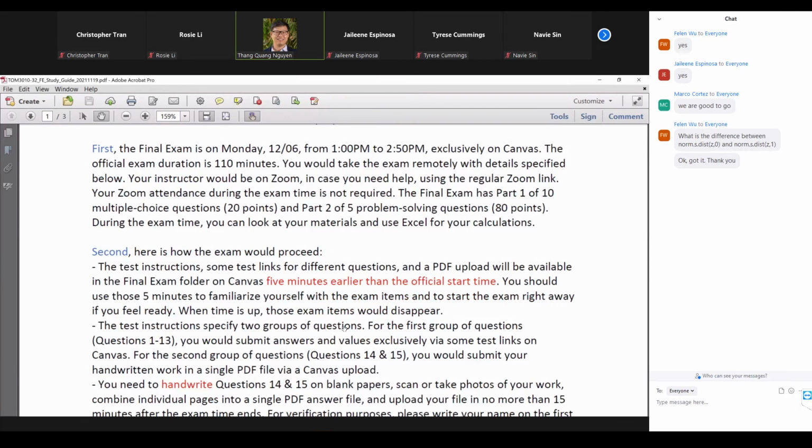So on the exam day, when you go to Canvas, to assignments, to final exam folder, you're gonna see 3 links. The first link is for the 10 multiple choice question. The second link is for question 11, 12, and 13, right? So 11, 12, and 13 are the value submission only questions, like in the midterm exam.